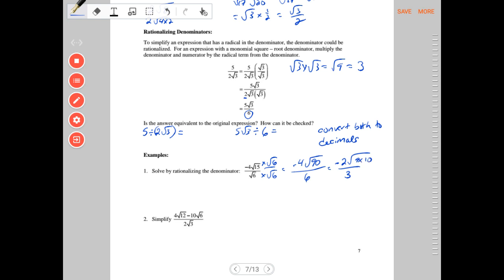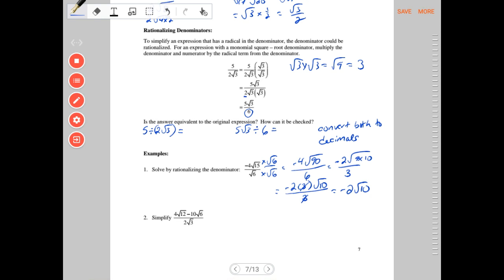So I can square root that 9. So that's going to become negative 2 times 3 root 10, because 10 does not have a perfect square in it, over 3. The 3's will cancel out, and you're left with negative 2 root 10. And again, take out your calculator and do it on there and see if you get the same decimal answers.